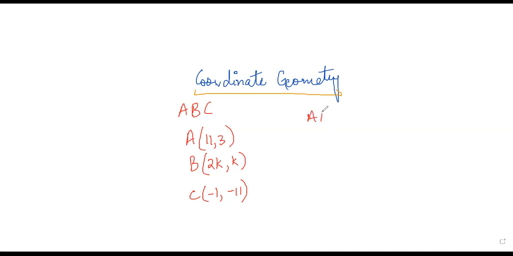If you say ABC is 90 degrees, what are the two lines that are making this angle? At which point is this angle being made? I'm saying this angle is at A, B, or C.